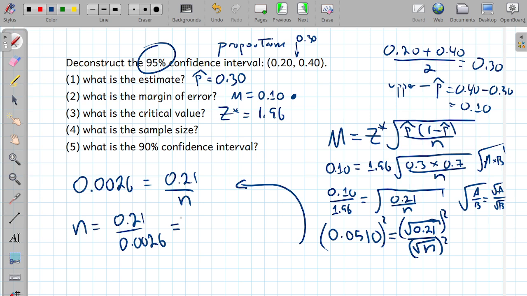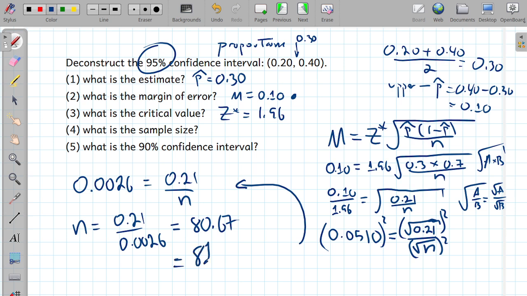And we get 80.67 something something something. Now, you can't have two-thirds of a person, so we always want to round up. Usually with sample size computations, it's better to have one too many than one too few.